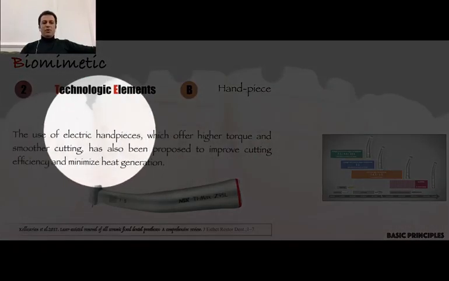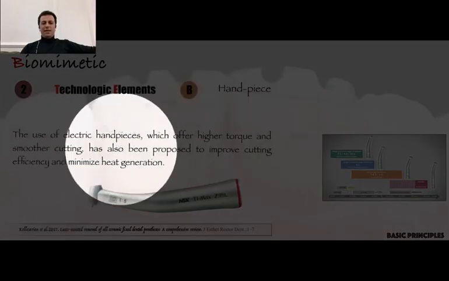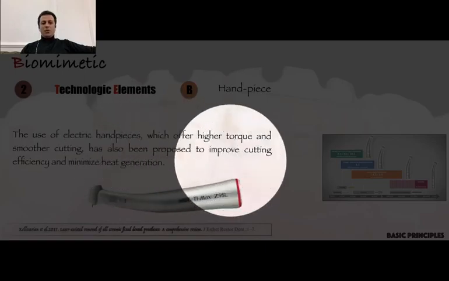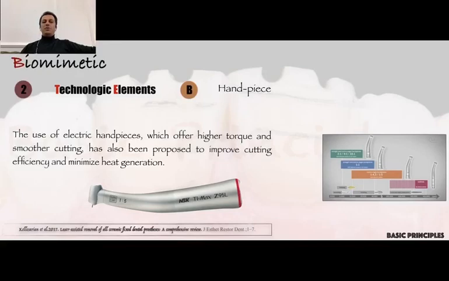Again, the use of an electric handpiece, which offers higher torque and smoother cutting, has also been proposed to improve cutting efficiency and minimize heat generation. So it is conservative and reduces heat generation, which is also important for the integrity of the tooth. The second thing is the handpiece.